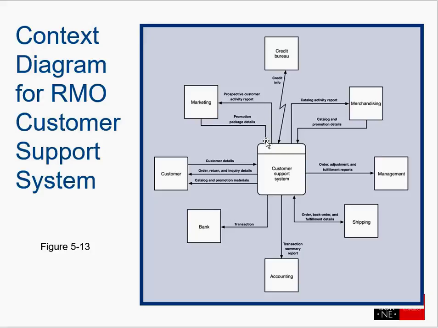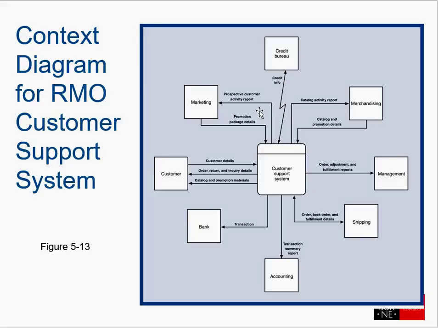And you can see this link between the credit bureau and the customer support system. So credit information goes back and forth between the customer support system and the credit bureau.